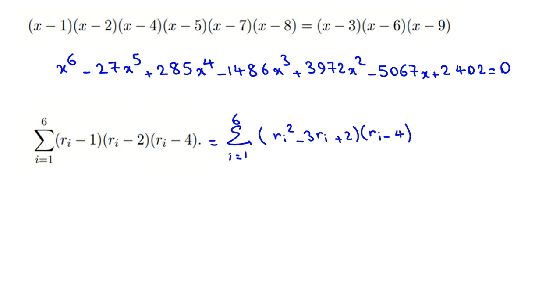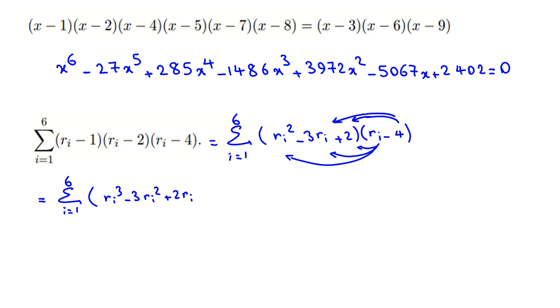And if we multiply it again, it will be the sum from i=1 to 6. Let's multiply Ri to all of them. It will be Ri cubed minus 3Ri squared plus 2Ri, and then let's multiply negative 4 to all of them.